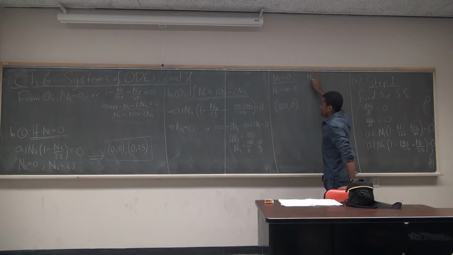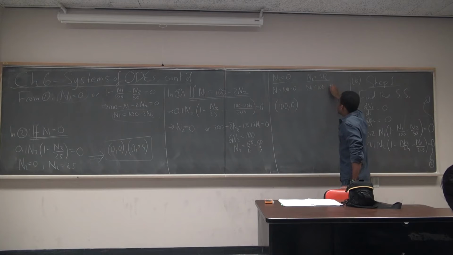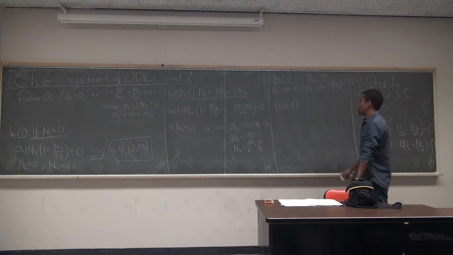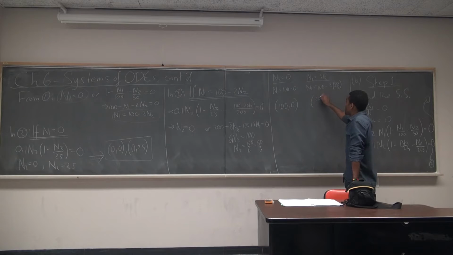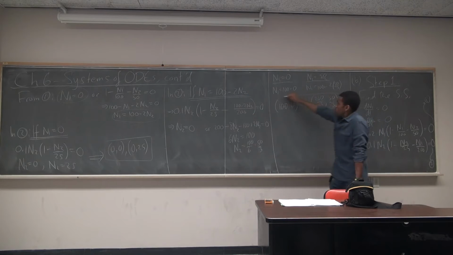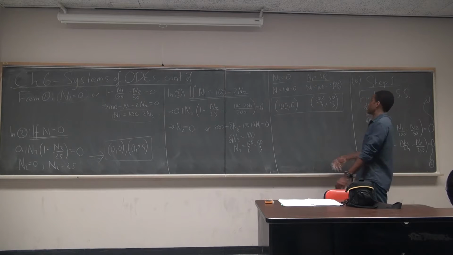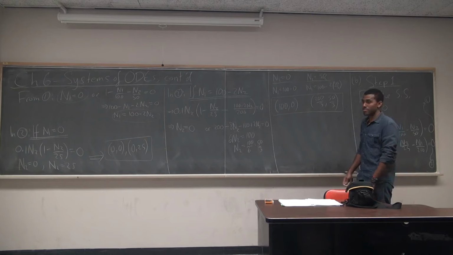And if I have n2 equals 50 over 3, my n1 would be 100 minus 2 times 50 over 3, which would be 100 minus 100 over 3, which would be 200 over 3. So I have 200 over 3, 50 over 3. And this is just a steady state.